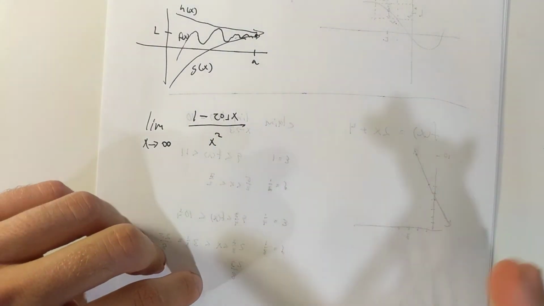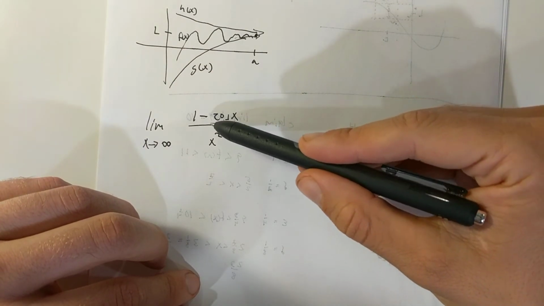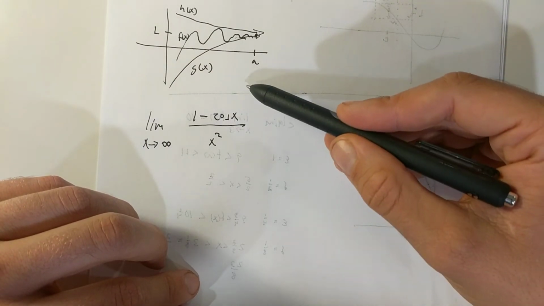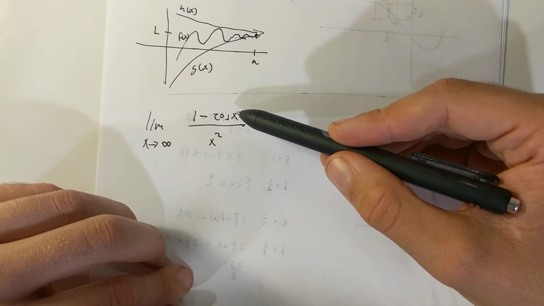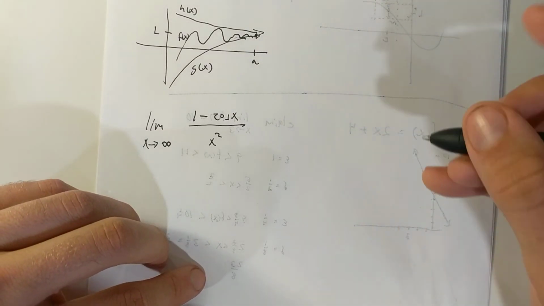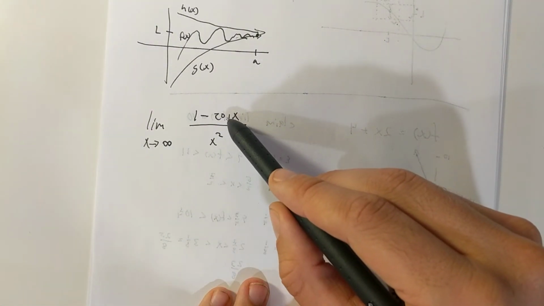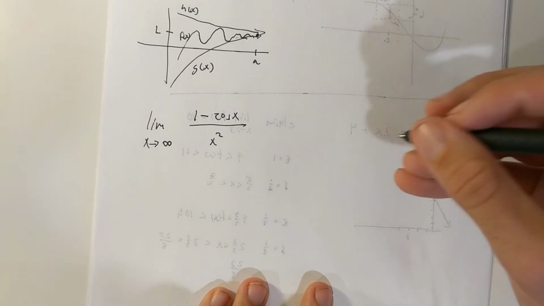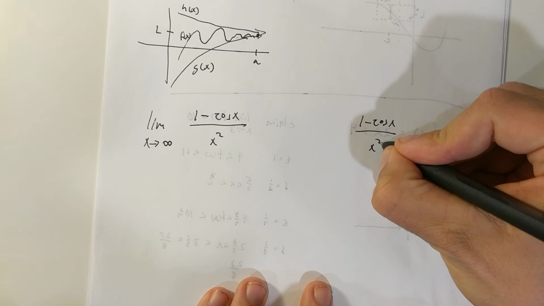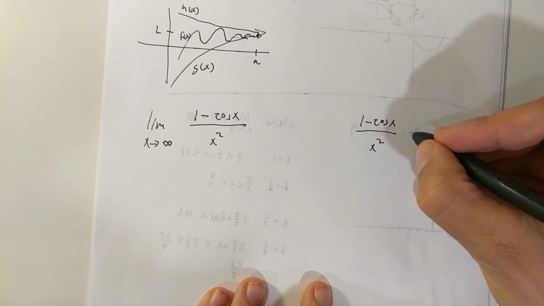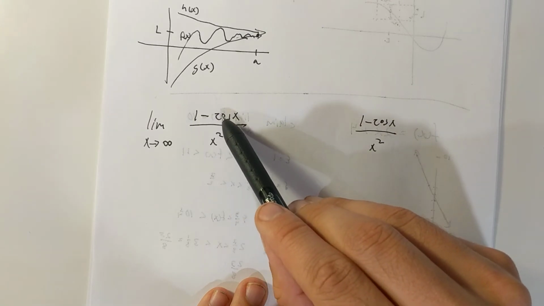All right, well, what do we know? Well, I do know that cosine of x jumps between positive 1 and negative 1, right? So what I actually know is that, at the most, cosine could possibly be 1. So 1 minus cosine of x over x squared must always be, well, this could be as small as 1 minus 1, which is 0.